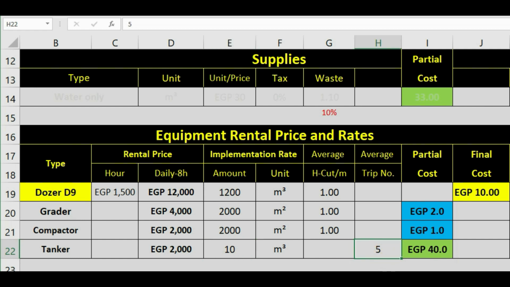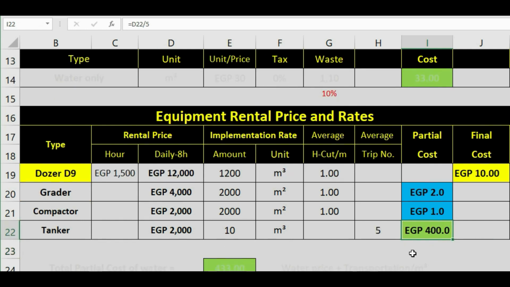From the inspection study of the distance between the sources and the site, the engineers estimate that the number of trips can be, for example, 4 to 6, which means the average is 5 trips. If we divide 2,000 Egyptian pounds, the daily rent of the tanker, over the trips, each trip costs 400 Egyptian pounds.